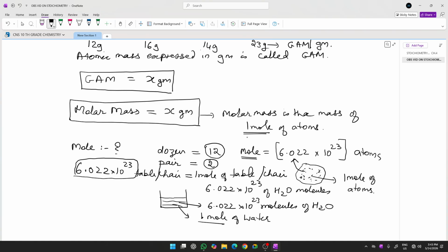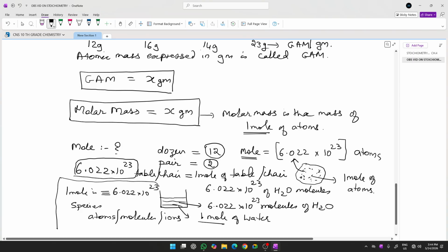So the definition of 1 mole will be: 1 mole is equivalent to 6.022 into 10 raised to 23 species. Now in chemistry, species means either atoms or molecules, or ions, or any other particle, right? So this is the meaning of mole.